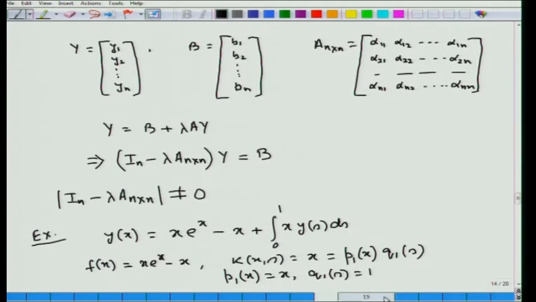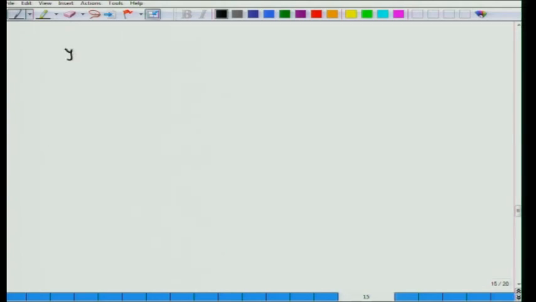Now, if we solve this equation by the method we have just discussed, y(x) is equal to x e^x - x, then we can take x outside the integral sign. So, this is integral from 0 to 1 of y(s) ds. Now, this integral of y(s) ds can be thought of as the integral from 0 to 1 of y(s) q_1(s) ds, because q_1(s) is here 1.